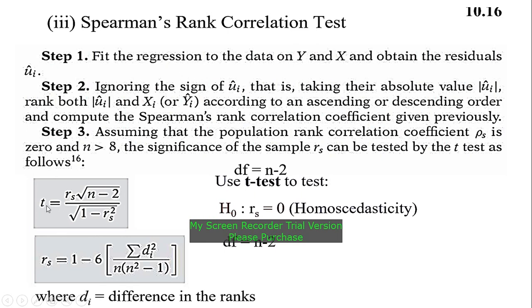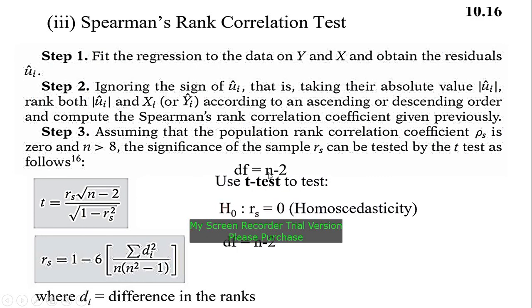For the Spearman rank correlation, the t-test here is going to give us rs multiplied by the square root of n minus 2, all over 1 minus rs squared, where rs is our Spearman rank correlation. This is how we compute it: rs is equal to 1 minus 6 times the summation of di squared over n times n squared minus 1.